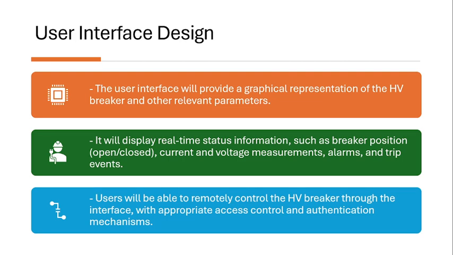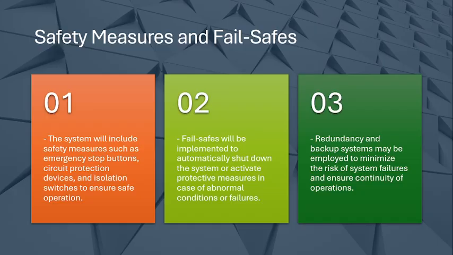For the user interface design, it presents a graphical representation of the HV breaker and other relevant parameters. It also displays real-time status information, such as breaker position, open or closed, measurements of current and voltages, and alarm and trip events. The user can remotely control the HV breaker through that interface with appropriate access control and authentication mechanisms.